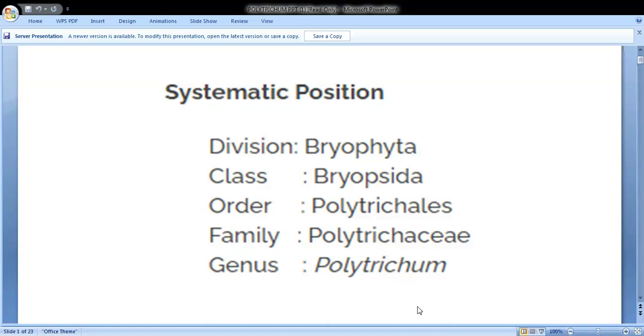The leaf-like structures are called phylloids. The protonema resembles filamentous algal forms. The first phase of the gametophyte is filamentous, called protonema, and after that, the temporary stage, the erect branches arising from the protonema are called gametophores.